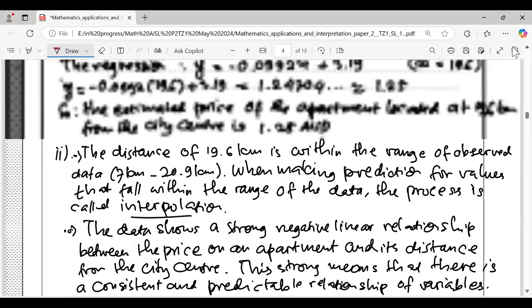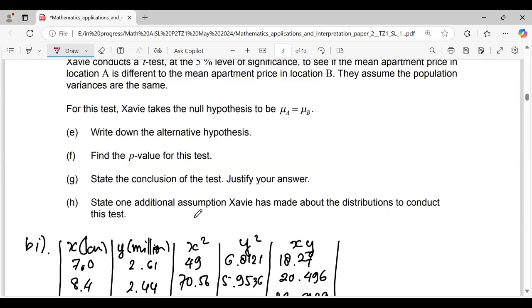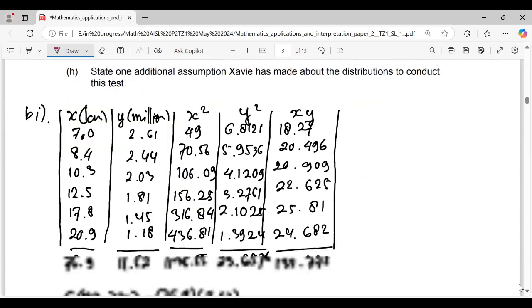And next, the question: state one additional assumption Safi has made about the distribution to conduct this test. Okay.